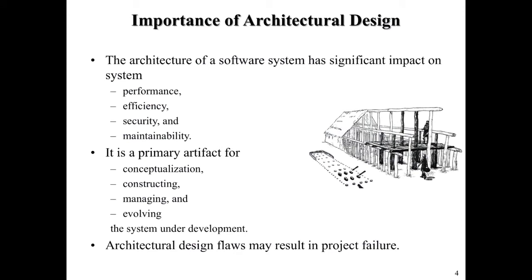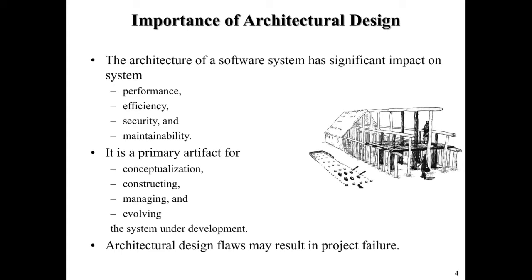The architecture of your software system has a significant impact on the performance of your system. What kind of performance you are targeting is an important measure to decide what type of architecture you will use. In the next slides, inshallah, I'm going to show you different architectures which a lot of people are using. So you have to select one of them, or you can modify them according to your needs also.